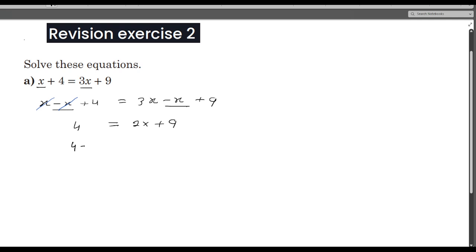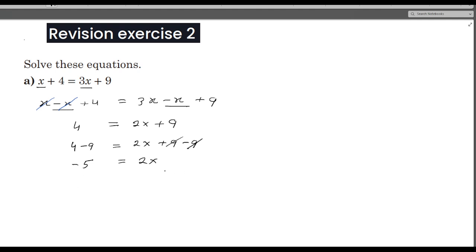Now in the second step, I will subtract 9 from both the sides. So you have 4 minus 9 is equal to 2x plus 9 minus 9. This time the 9 will cancel, and 4 minus 9 is minus 5. So minus 5 is equal to 2x. Finally, we will divide both the sides by 2. So minus 5 divided by 2 is equal to 2x divided by 2.